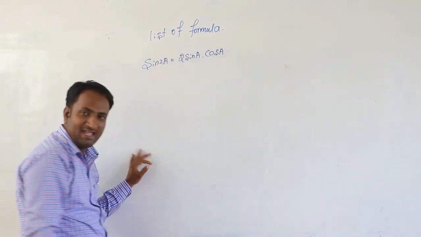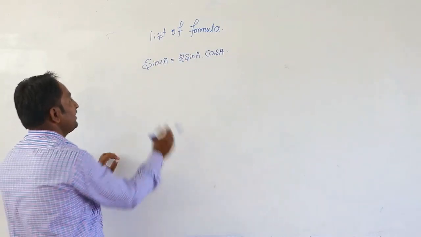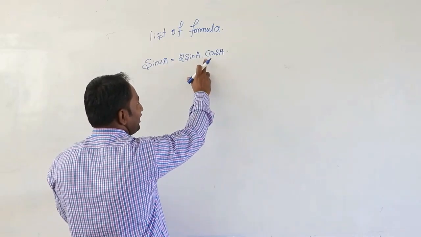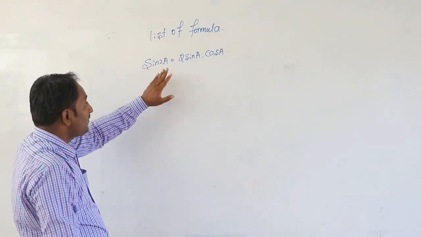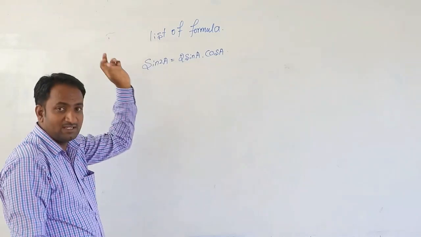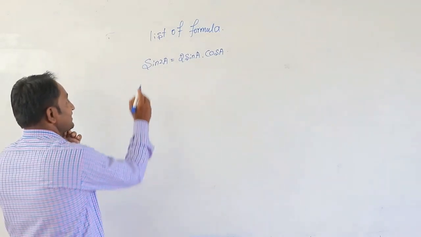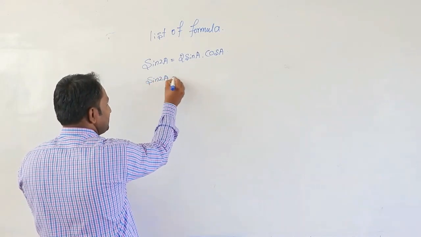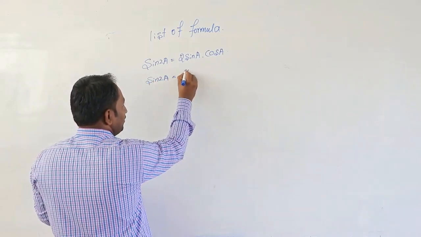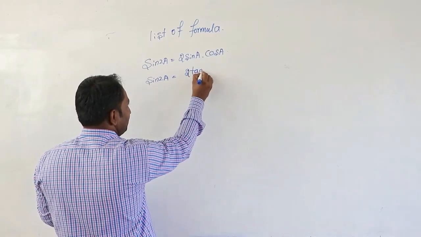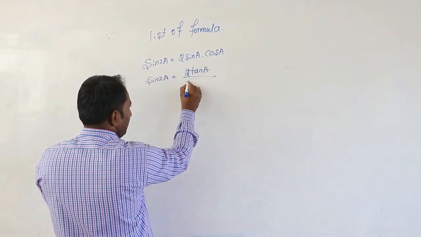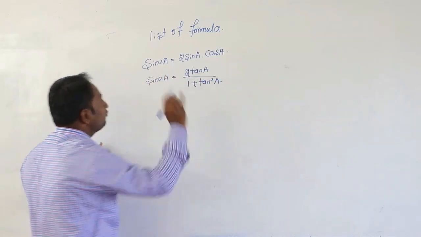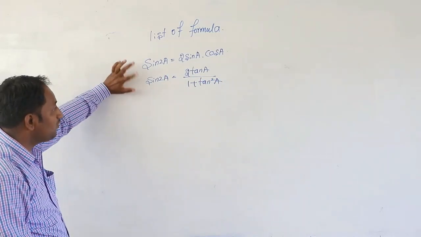This formula can be expressed in terms of sin and cos. Again, another formula is sin of 2a expressed in terms of tan: 2 tan a divided by 1 plus tan square a. There are two formulas for sin of 2a.